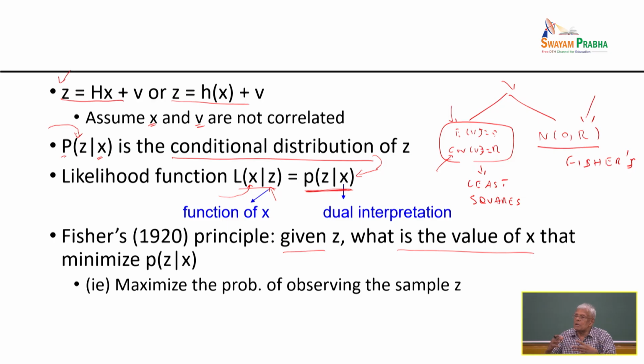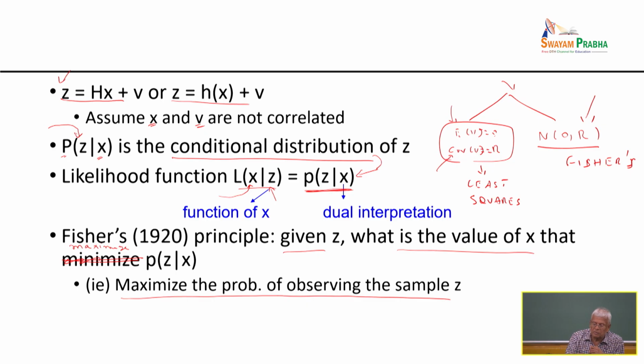So I want to be able to maximize the likelihood. This is not minimize, this is maximize, sorry. That means maximize the probability of observing the sample z given the unknown.